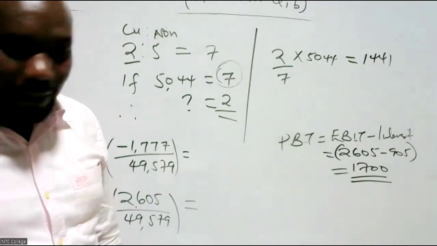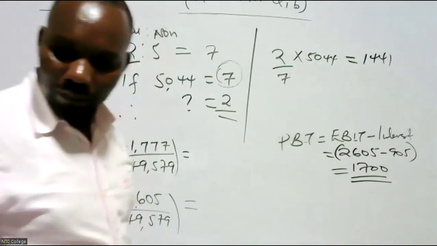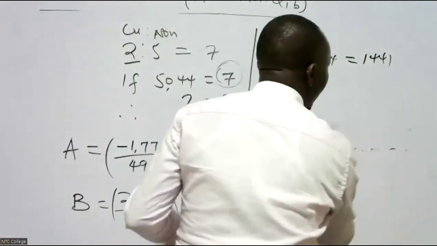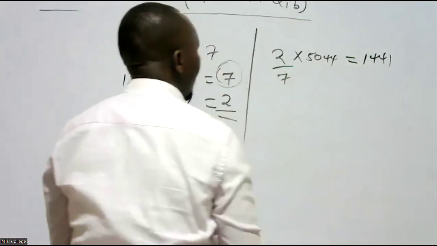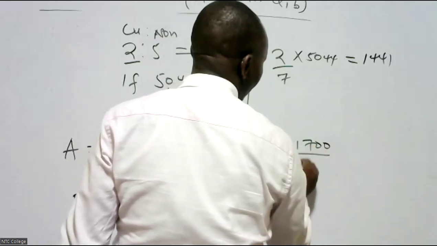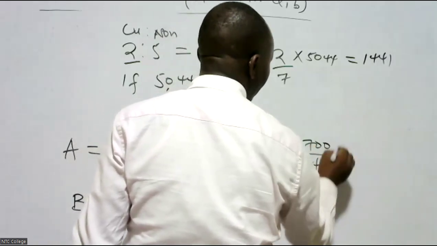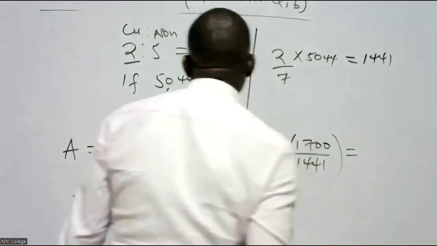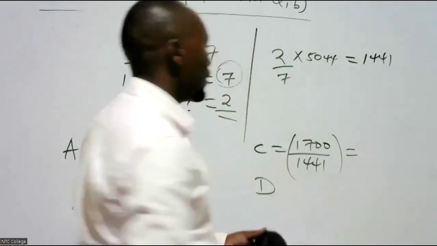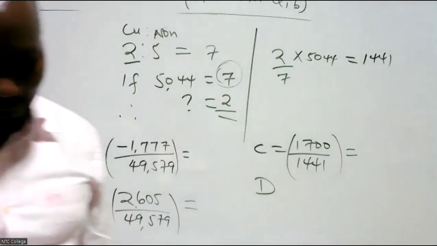So now we can get our C. This one is 1700. So C is equal to 1700 over our current liability, 1441. Get me the figure. And then D is sales all over total assets.